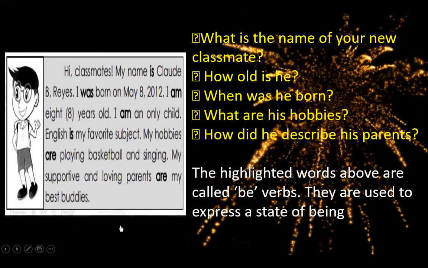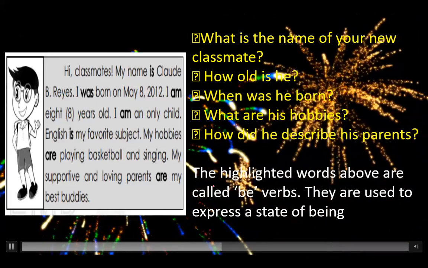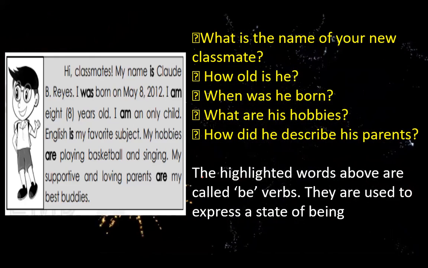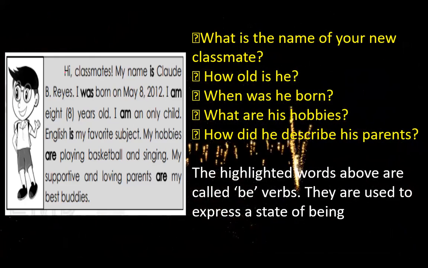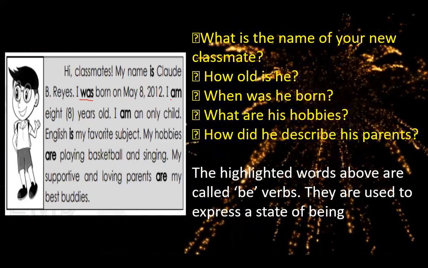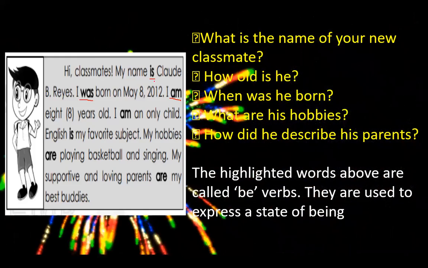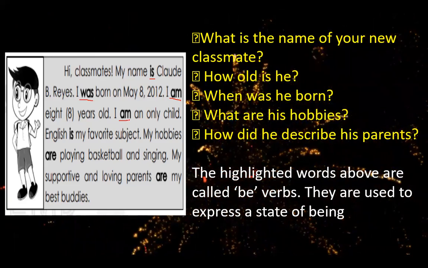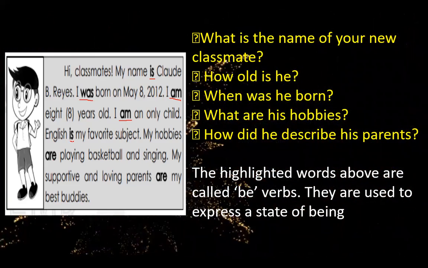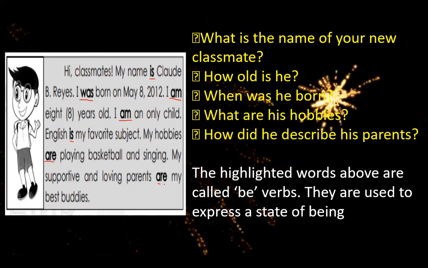Okay, now guys, look, the highlighted words above are called the be verbs. They are used to express the state of being. See, this one, was, am, is, are.